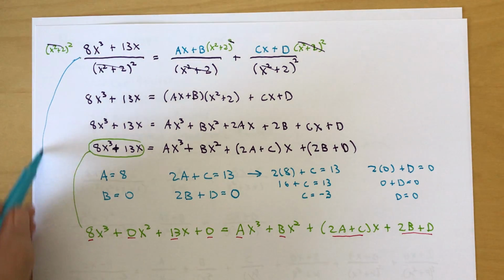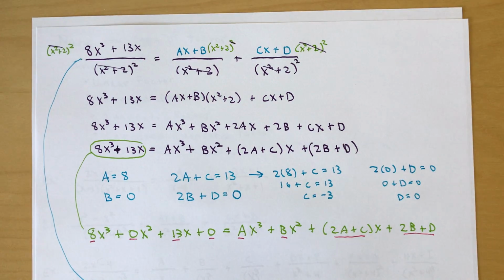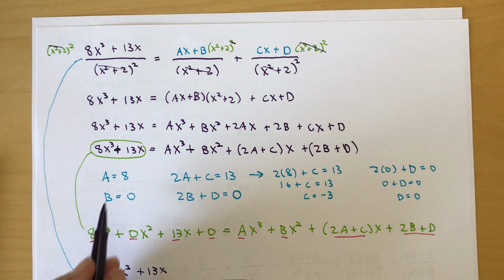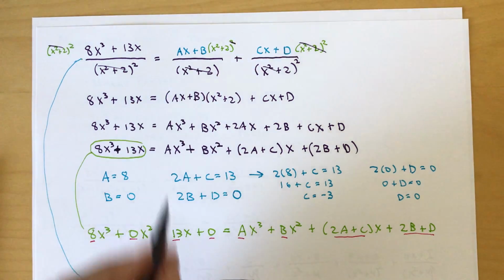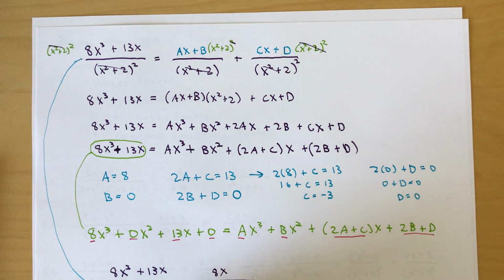Which means that my original 8x cubed plus 13x over (x squared plus 2) squared is equal to, a is 8, so 8x, and b is 0, so this will be 8x over x squared plus 2.